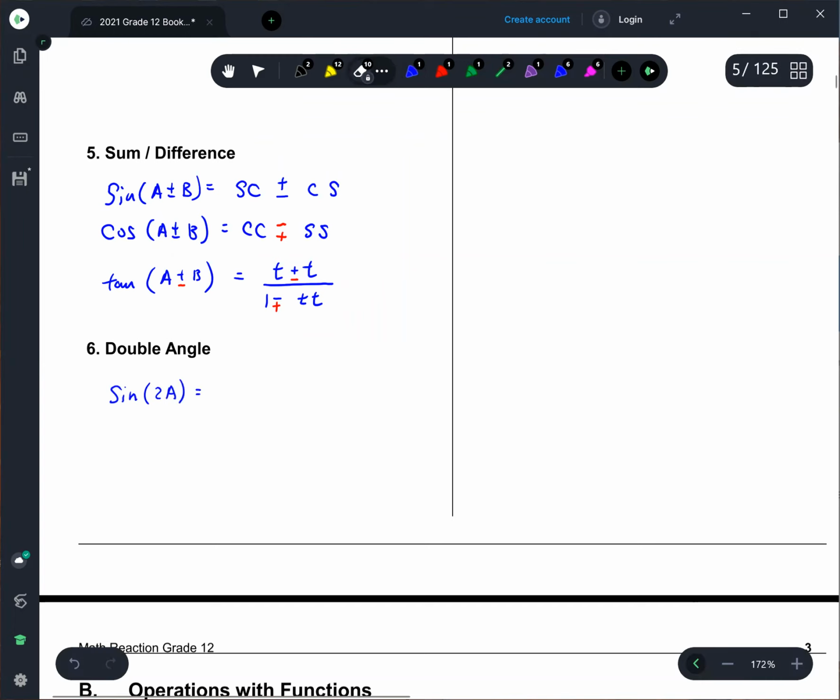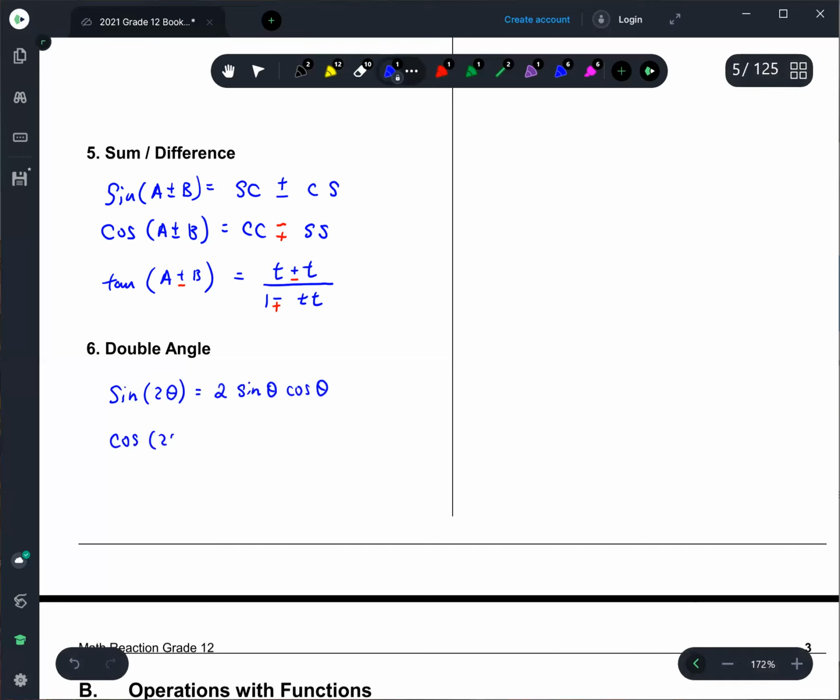Instead of A, we'll use theta, because usually we use theta to represent an angle. Sine double is sine cosine, so it'll be 2 at the front. That's the first one.